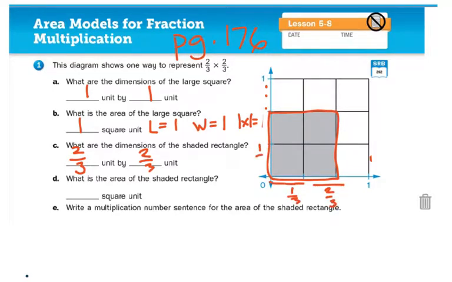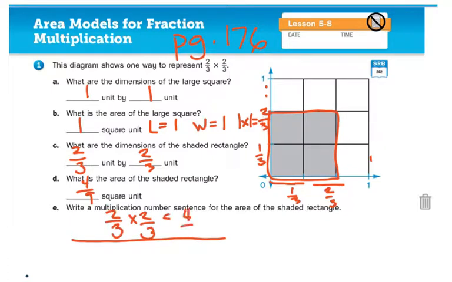There's 1/3, there's 2/3. So what is the area of the shaded rectangle? It is 4/9. Write a multiplication number sentence for the area of the shaded rectangle. You should have a line here. We would say 2/3 times 2/3 equals 4/9.